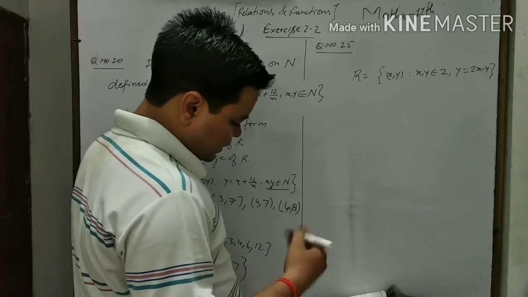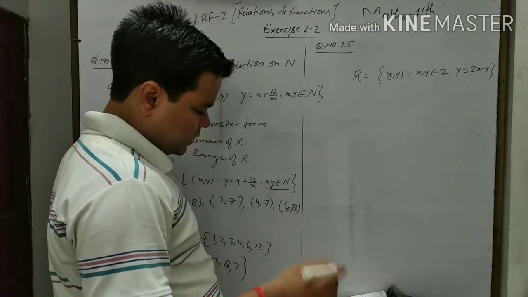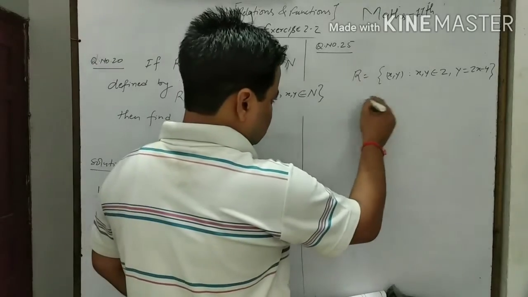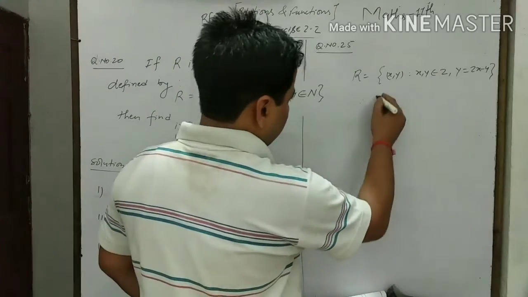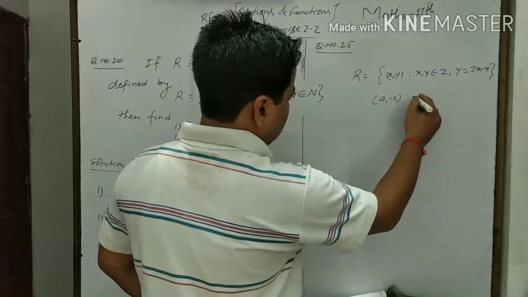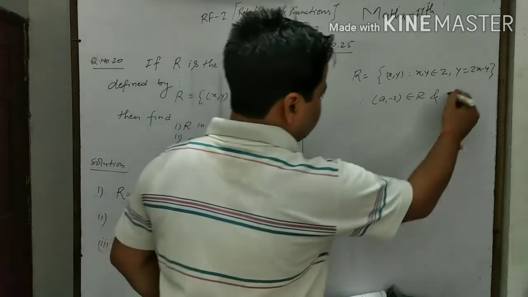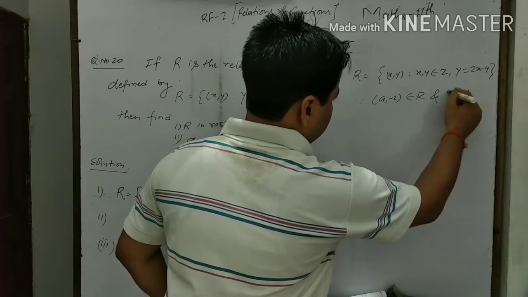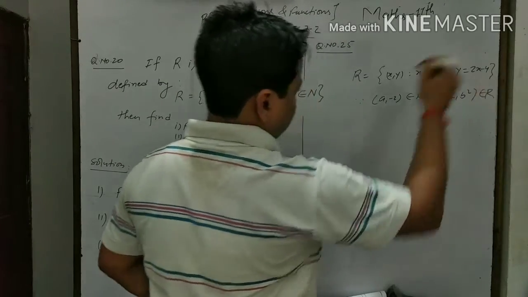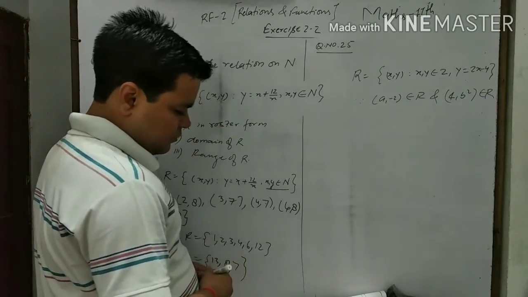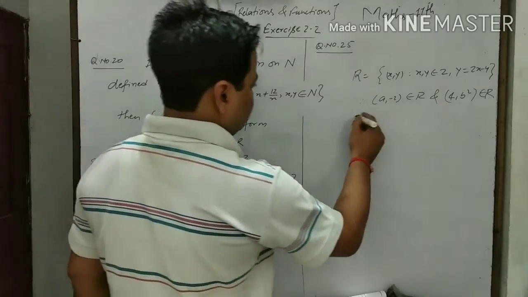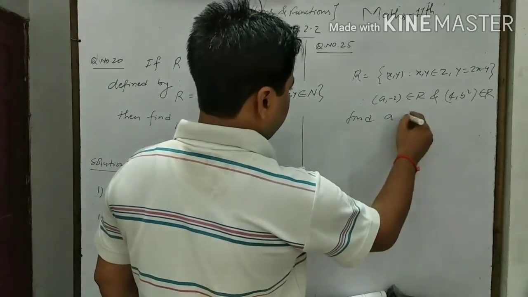If (a, -2) and (4, b²) belong to R, then find a and b.